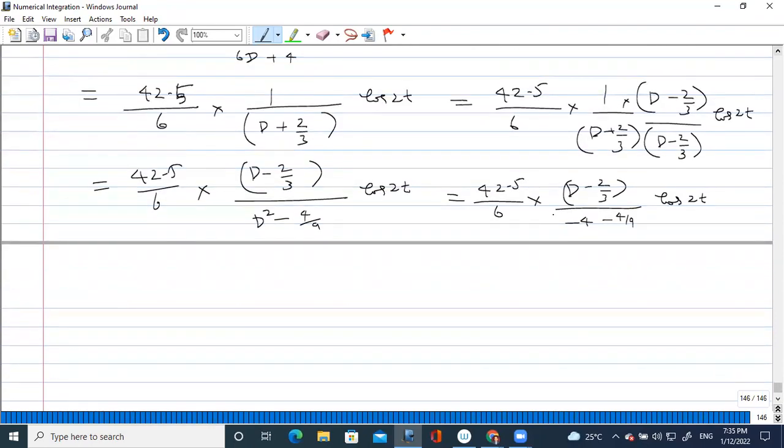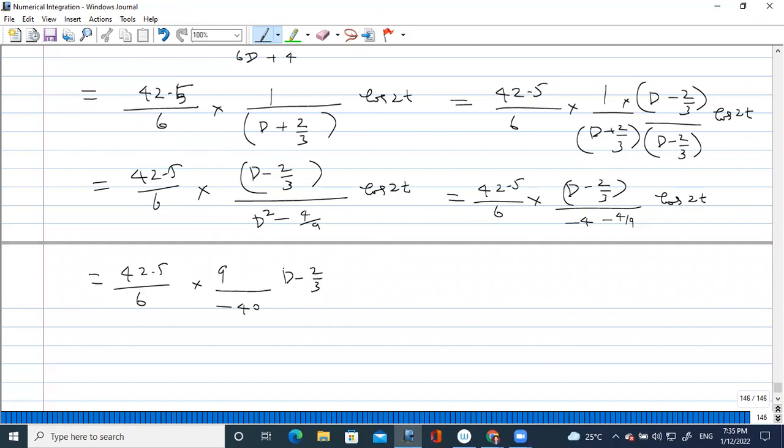So here you can take LCM now. It will be 42.5 divided by 6 into 9 will be LCM. So it is minus 36 minus 4, minus 40, and 9 will go in numerator, and divide by minus 40. Okay, so then this minus you can multiply inside this.